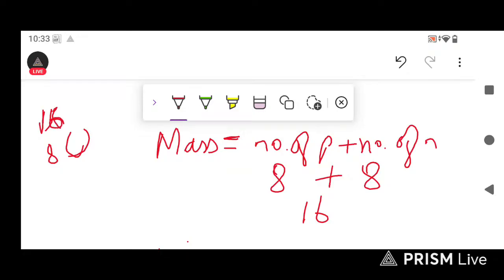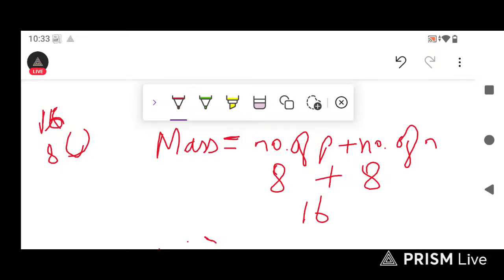So 16 is the mass number of oxygen. I hope all that is clear to you. If you still find any difficulty, or want to ask how to find protons and neutrons, I may answer all your questions. So these are all about atomic number and mass number.